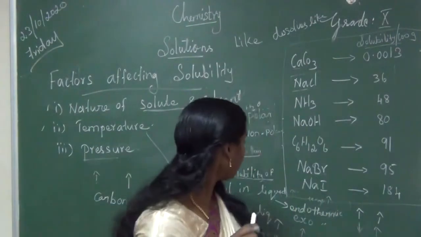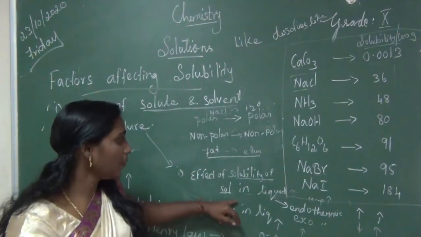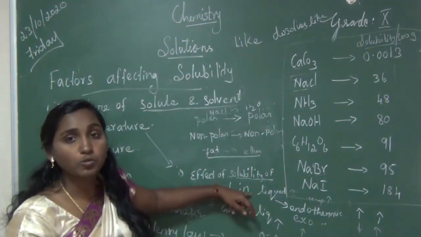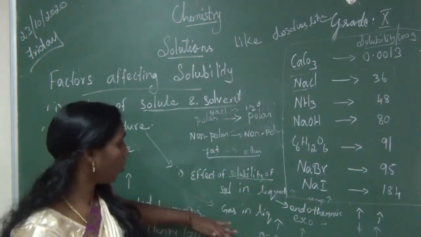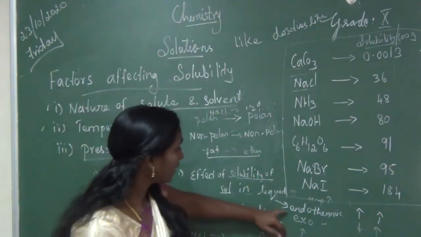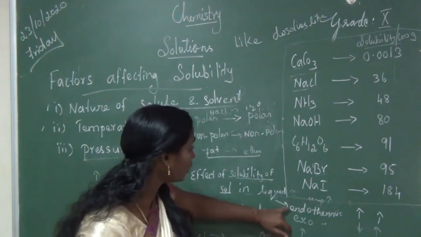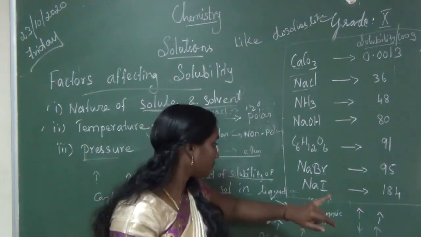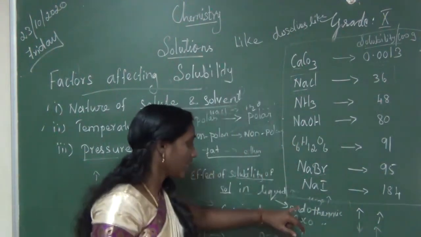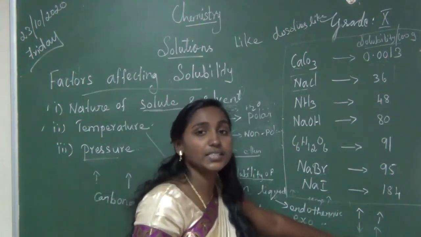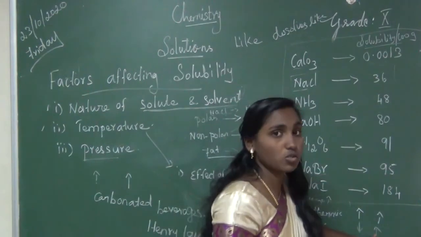A greater amount of sugar will dissolve in warm water than cold water. In an endothermic process, solubility increases as temperature increases. In an exothermic process, solubility decreases as temperature increases.